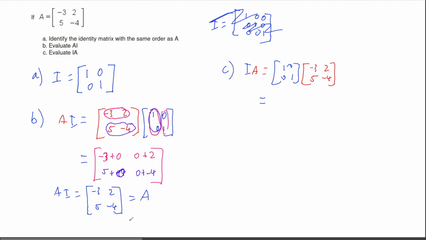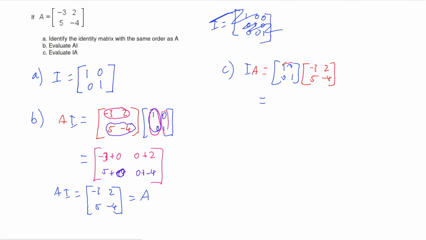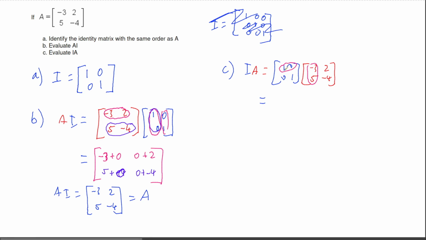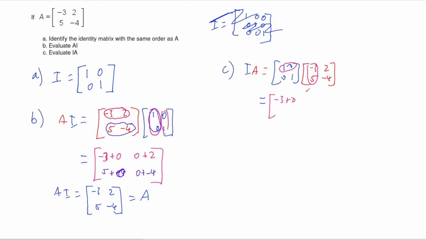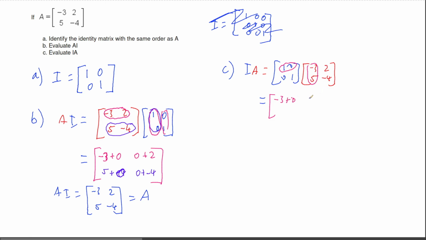So now, focusing on the first row, going on the first column, 1 times -3 is -3, 0 times 5 is 0. 1 times 2 is 2, 0 times -4 is 0.